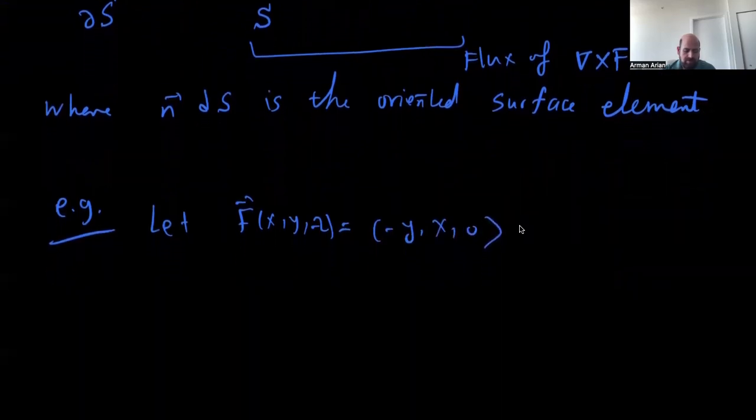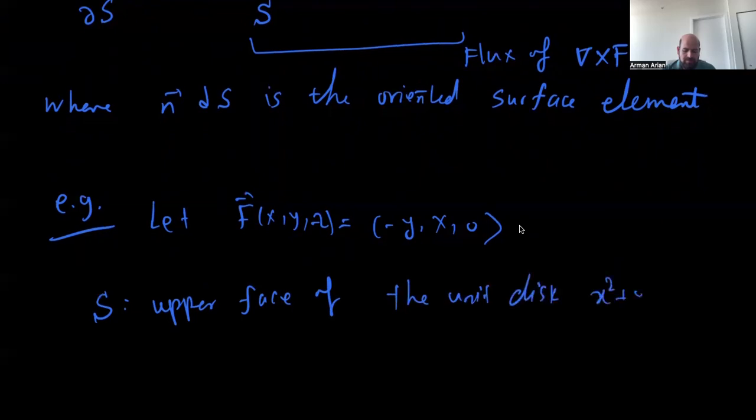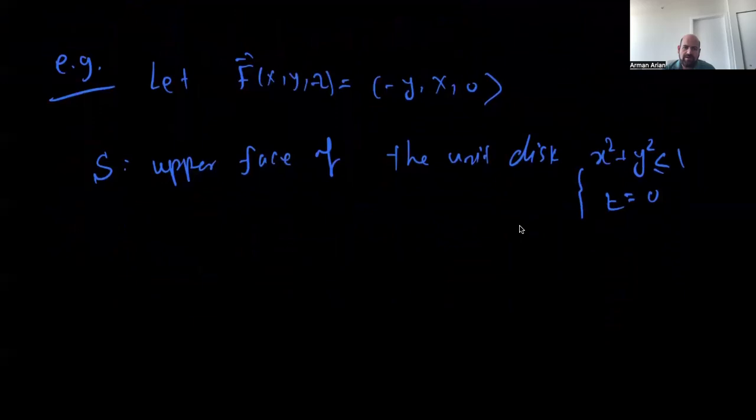And S is the upper face of the unit disk x squared plus y squared less than or equal to 1, z equals 0. So this disk is on the xy plane.